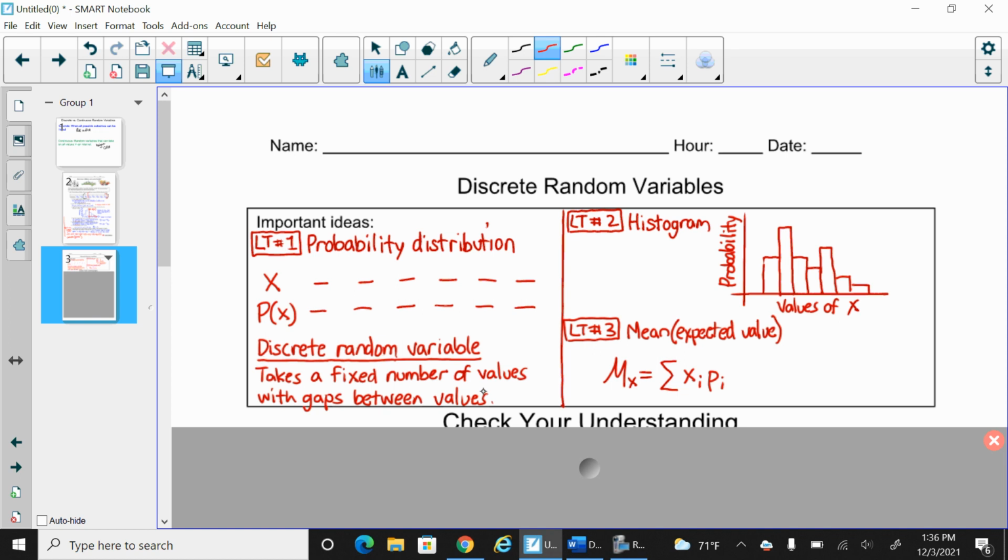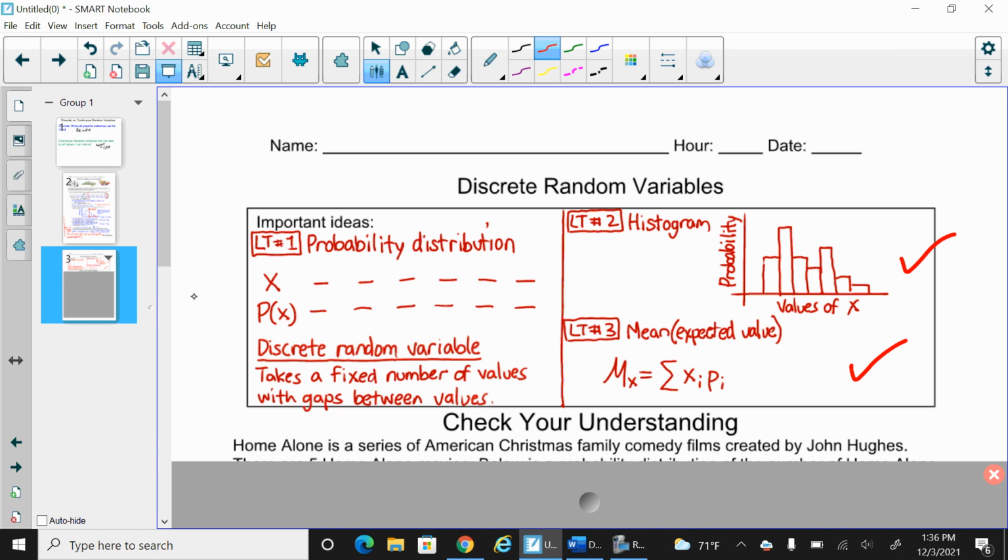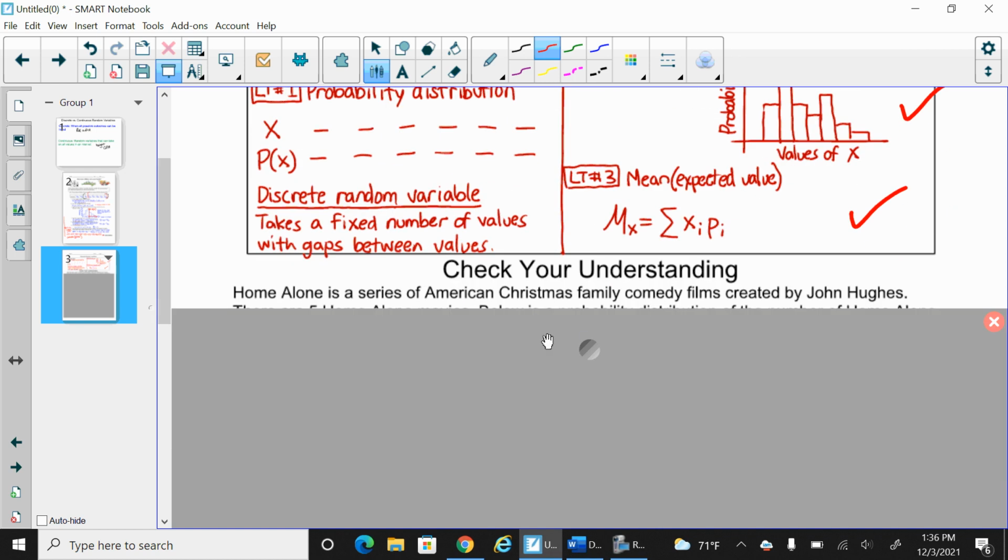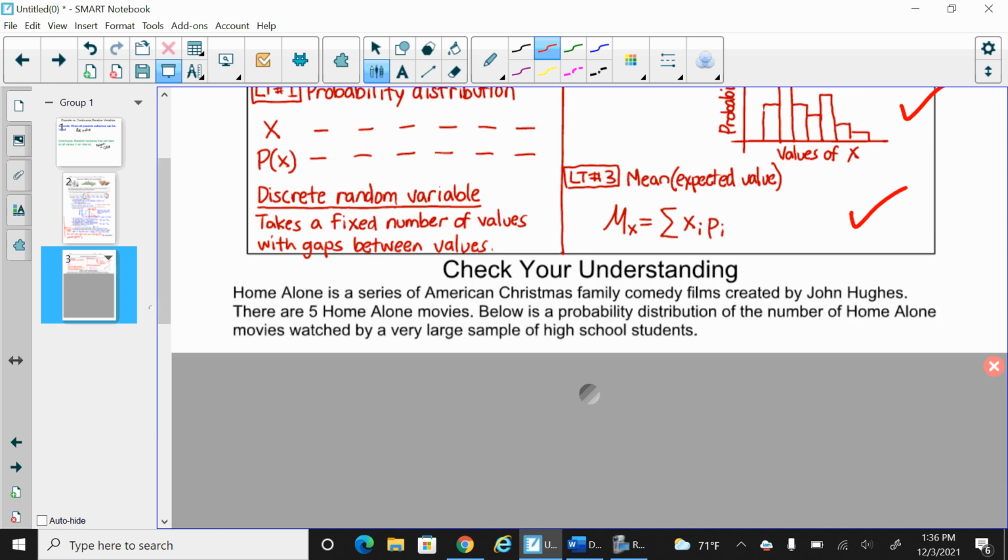It's not continuous. Make sure you know how to sketch a histogram and how to calculate the mean, also known as expected value. I want you to try to check your understanding. I'm going to ask that you pause the video here and work through these problems and then check your answers. So go ahead and pause the video and then I'll show you the answers in just a second.